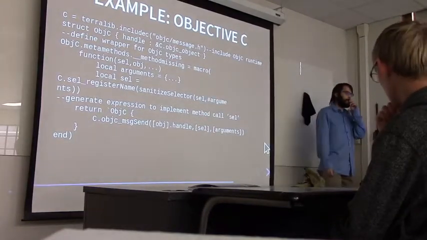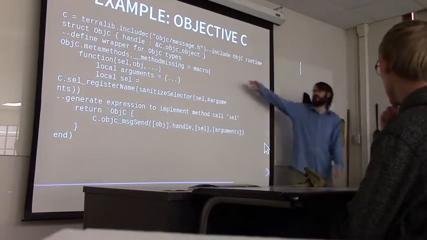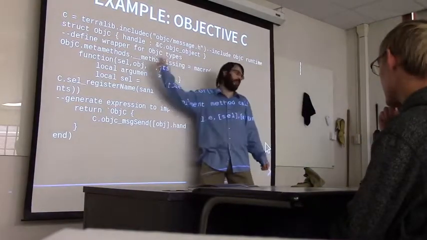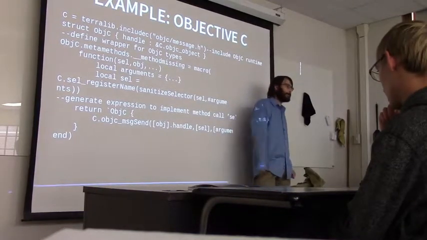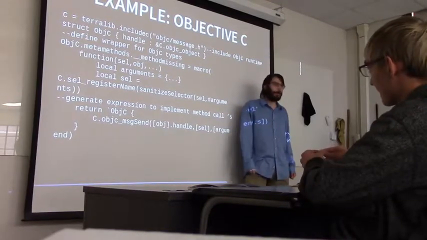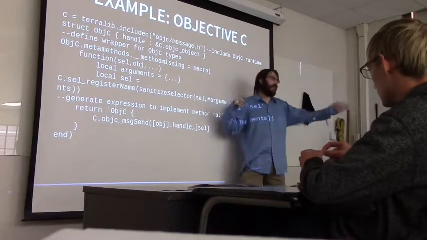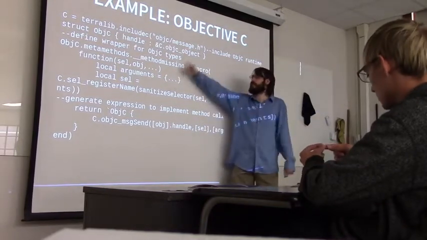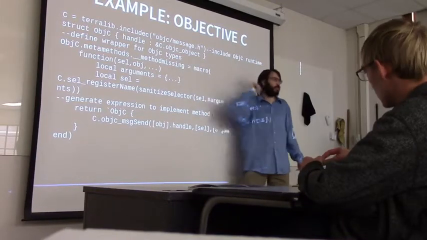Yeah? I guess I've never used Lua method missing before, so does that replace... This isn't a Lua thing, this is a Terra thing. Okay, does it replace the function you tried to call with no longer missing then? It does not. Okay, so every time you call it, it does this? Right. You can make it register a method on the struct Objective-C, but why bother?